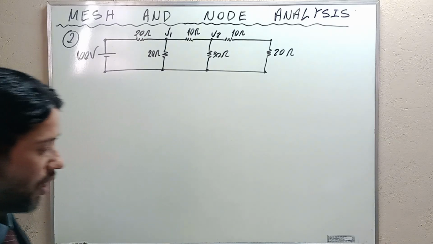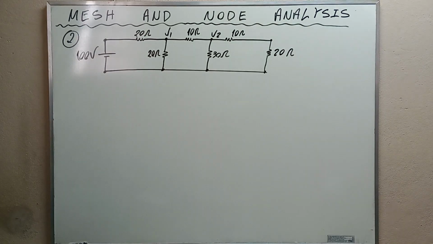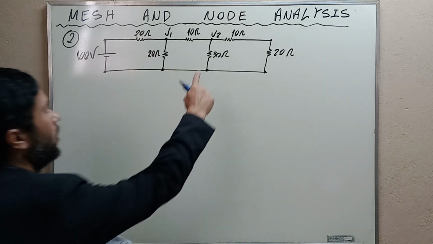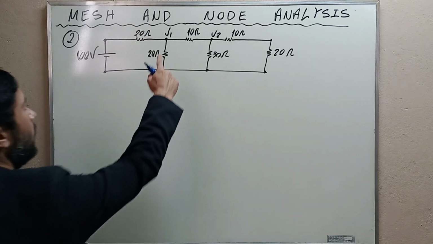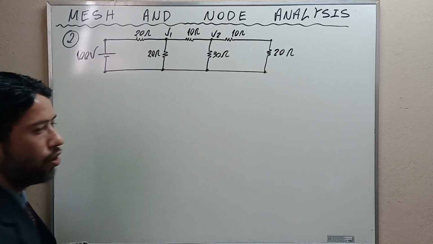Exercise number 2. For the circuit of the figure, find the value of the voltage V2. Okay, my friends, this is the exercise. Let's go to the solution. And to determine the value of the voltage at node 2, we shall employ nodal analysis in conjunction with Kirchhoff's current law at both node 1 and node 2, okay?